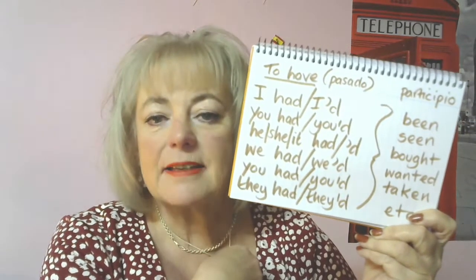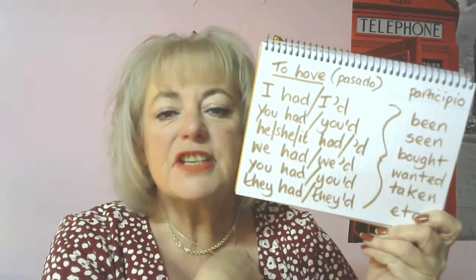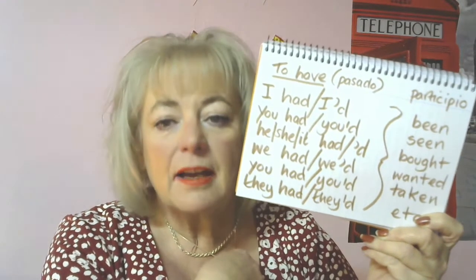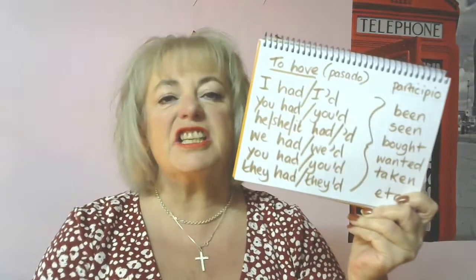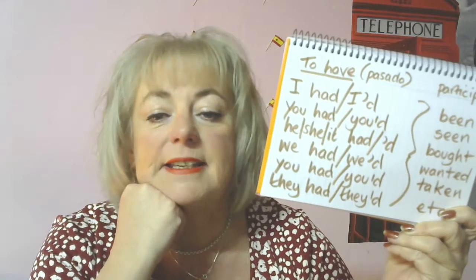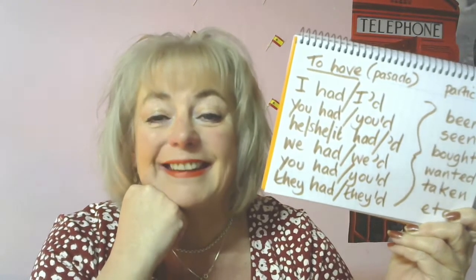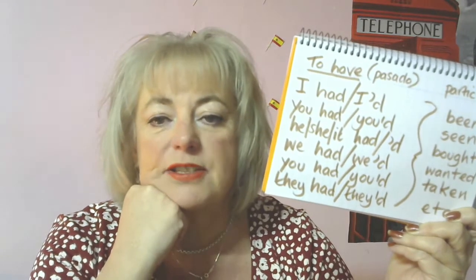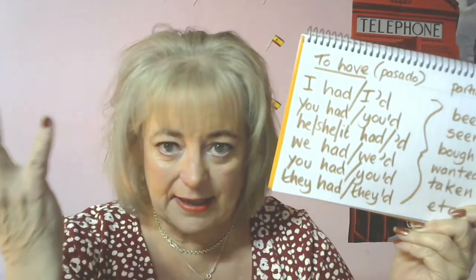So I had, I'd, you had, you'd, he, she, it had, or he'd, she'd, it'd. We had, we'd, you had, you'd, they had, they'd. So, eso es como hacemos haber, el parte que es haber.